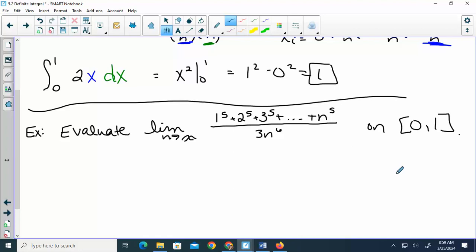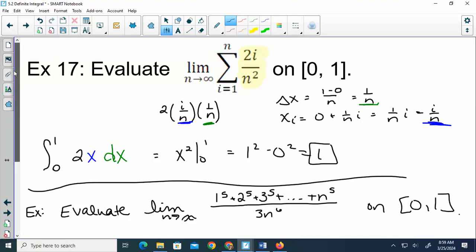All right. How is this one different than the previous one? It doesn't have the sum part, does it? So our goal in these problems is to see if we can write them as integrals so that we can quickly evaluate them. Could I write this with the sum?